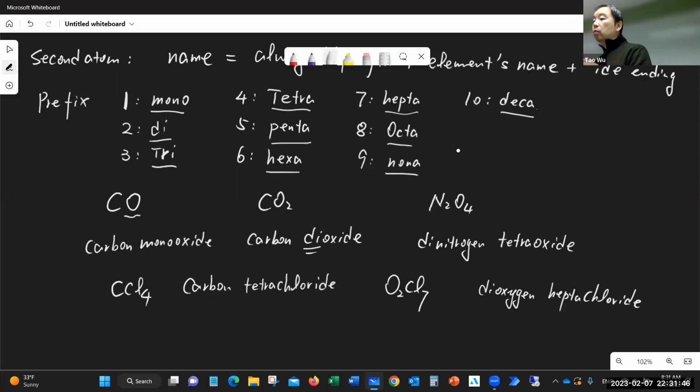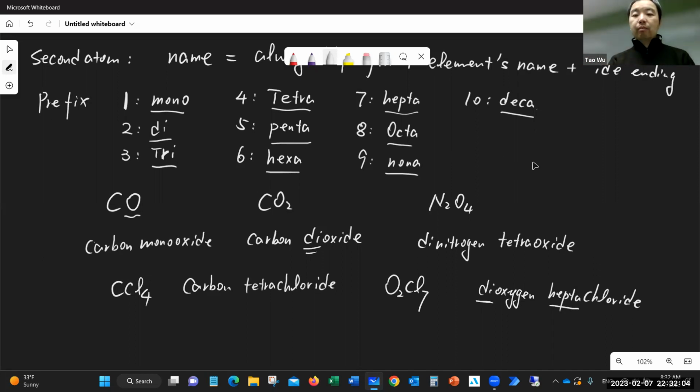So generally, when you give a name, the prefix tells you how many atoms of each element are there. So based on the prefix, you can very easily write down the formula, right? The di means 2.